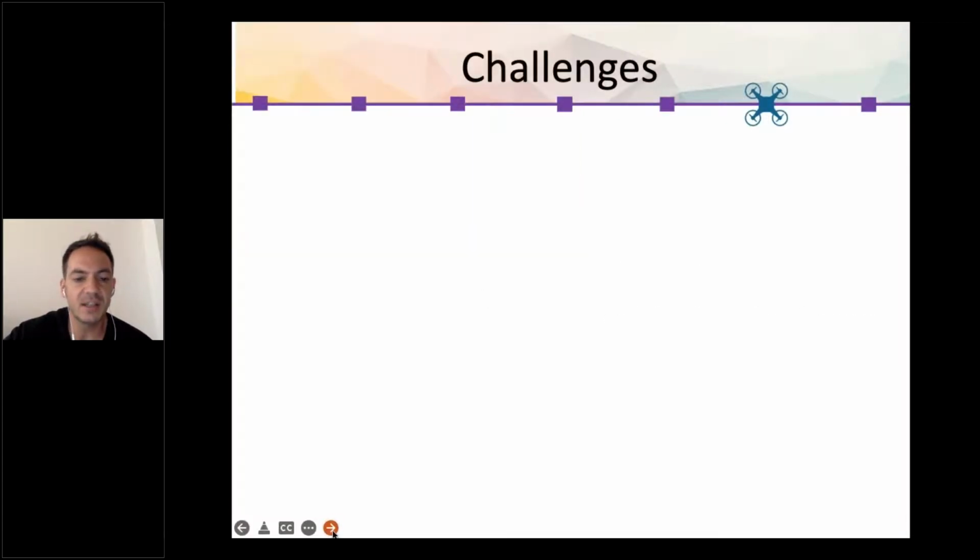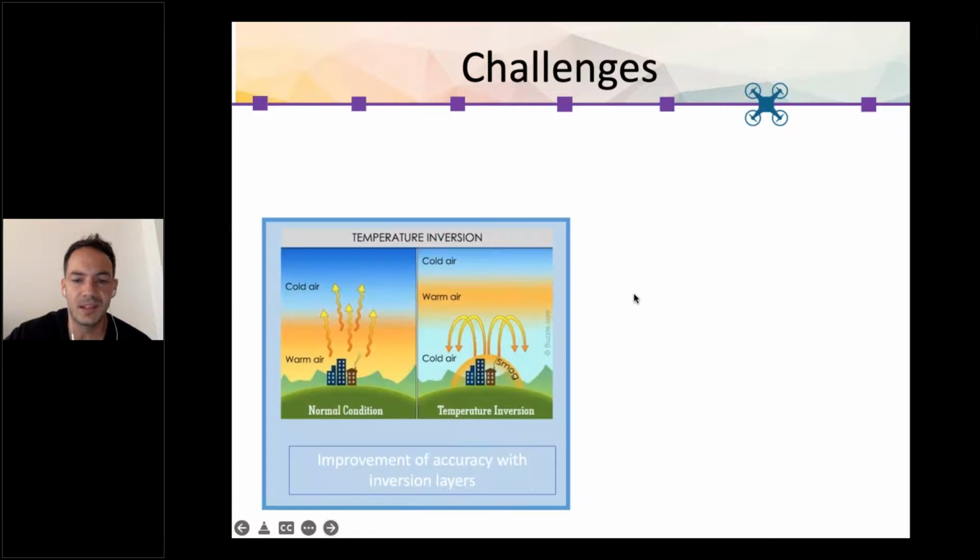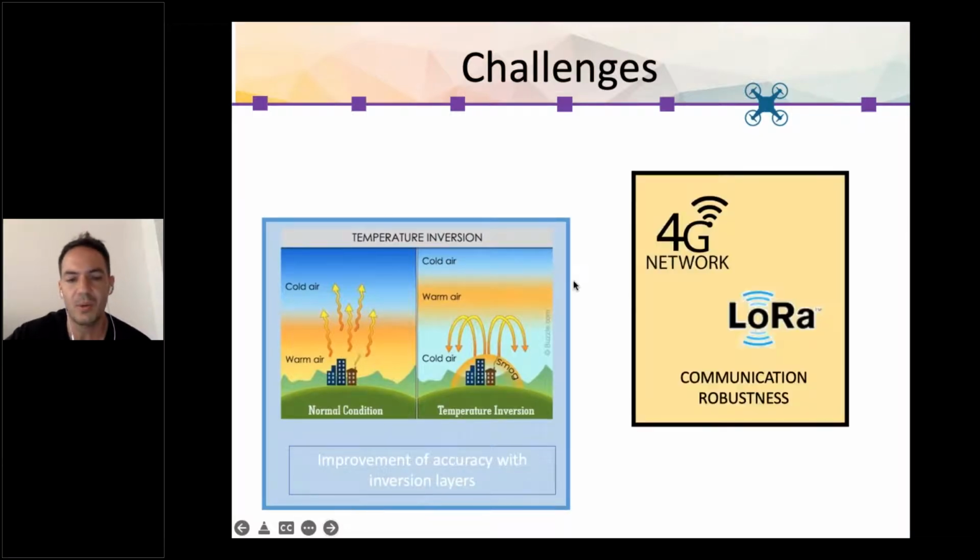And well, challenges that we have found and we will be solving in the coming months, let's say, we see that the accuracy of our models is not so good when we have some temperature inversion, something that you already know, where warm air goes up, but if we have an intermediate layer here, we can have some reflection. So we need to be careful when using our model, something we are working on.